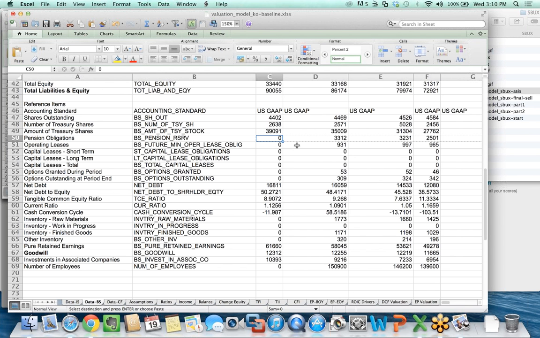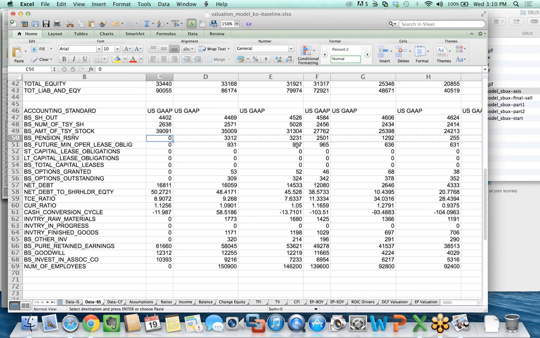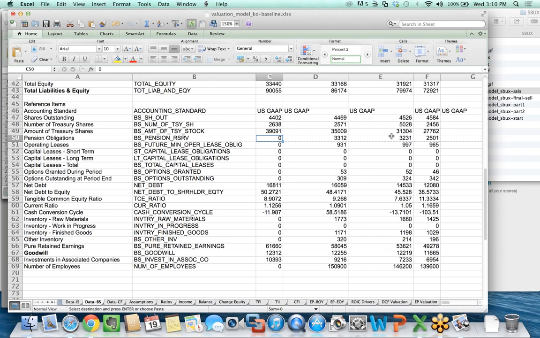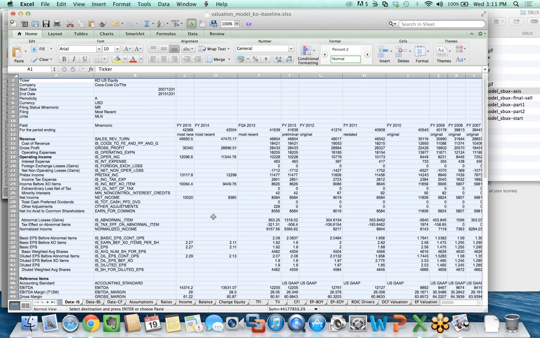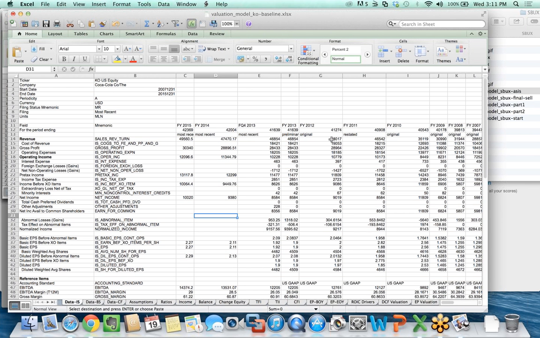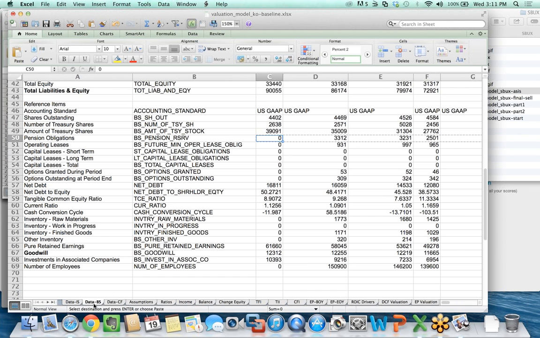So in this case, if I look at their historical pension obligations, at least for the last couple of years, I've seen they've gone up a little bit, about $100 million between the last 2 years. And what I'm going to do is say that since, go back to the income statement, since Coke's revenue really didn't change that much between 2012 and 2013, actually went down from 48 billion to about 47 billion, I'm going to say that I don't think that pension obligation has changed that much.